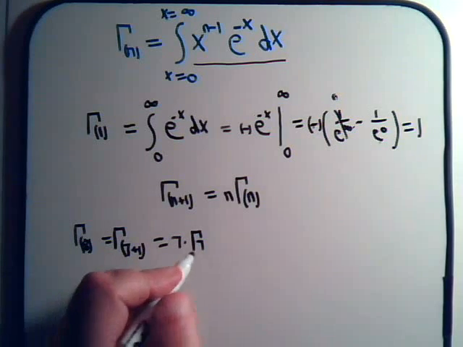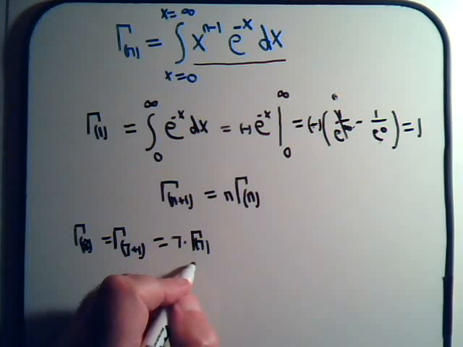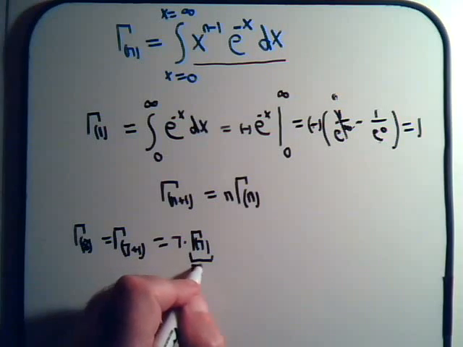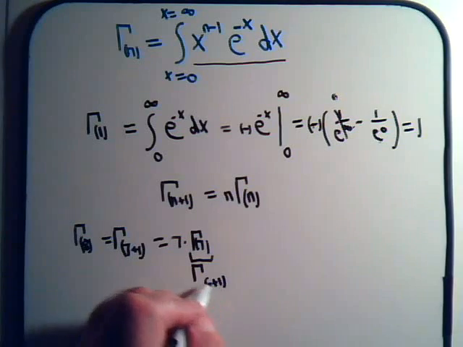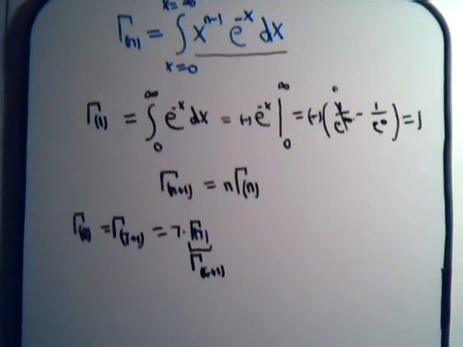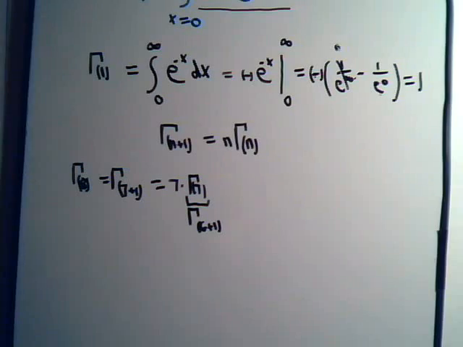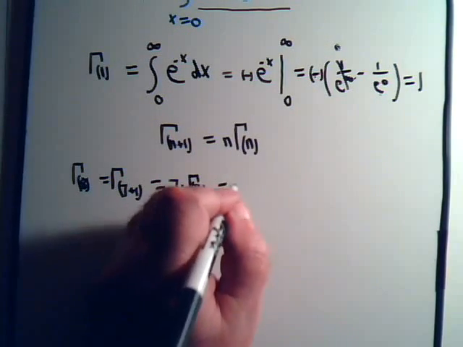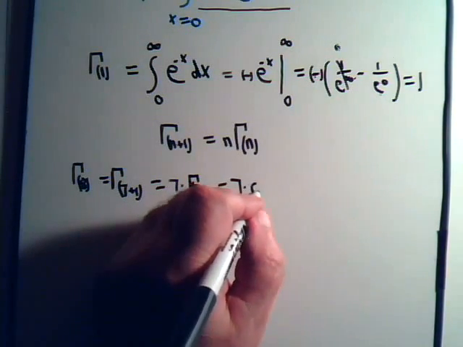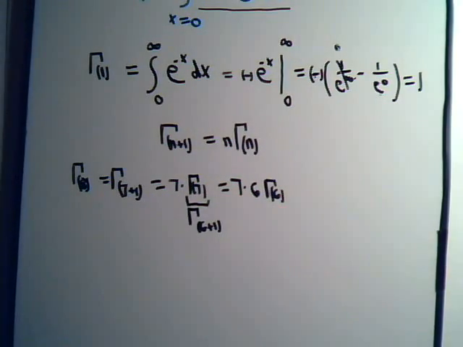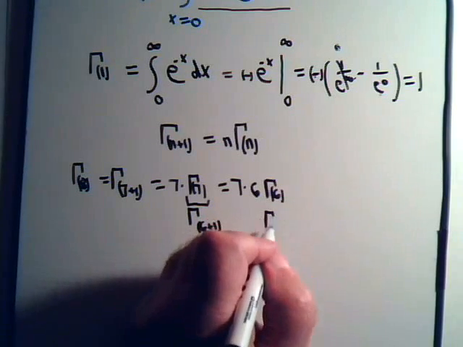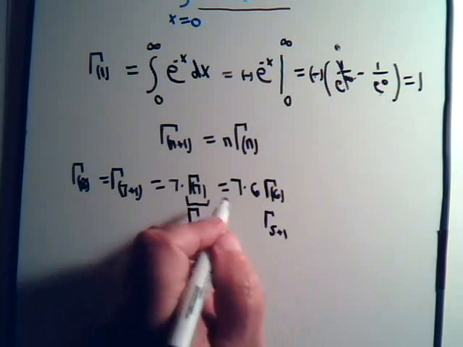Okay, and this right here would be the gamma function of 6 plus 1. So this will be equal to 7 times 6 times the gamma function of 6, and we can write this as the gamma function of 5 plus 1.